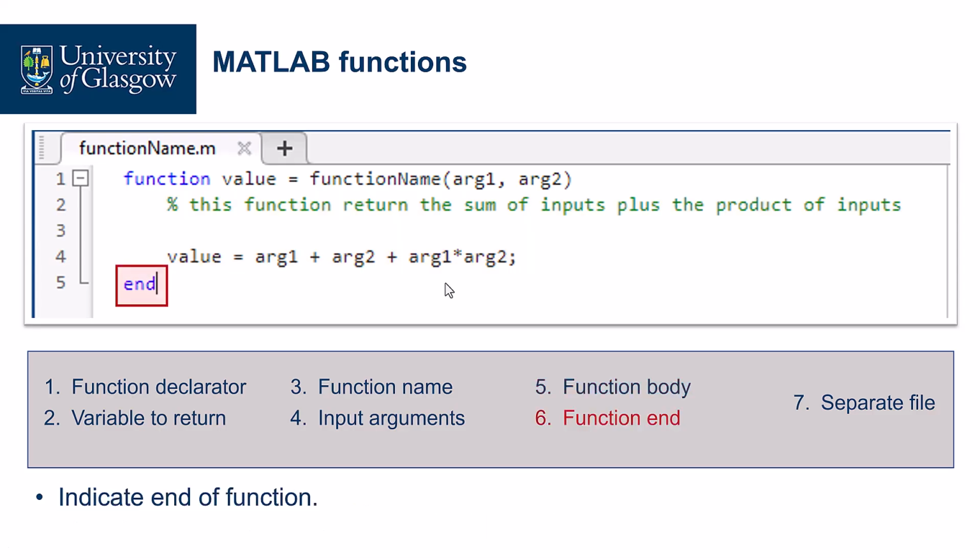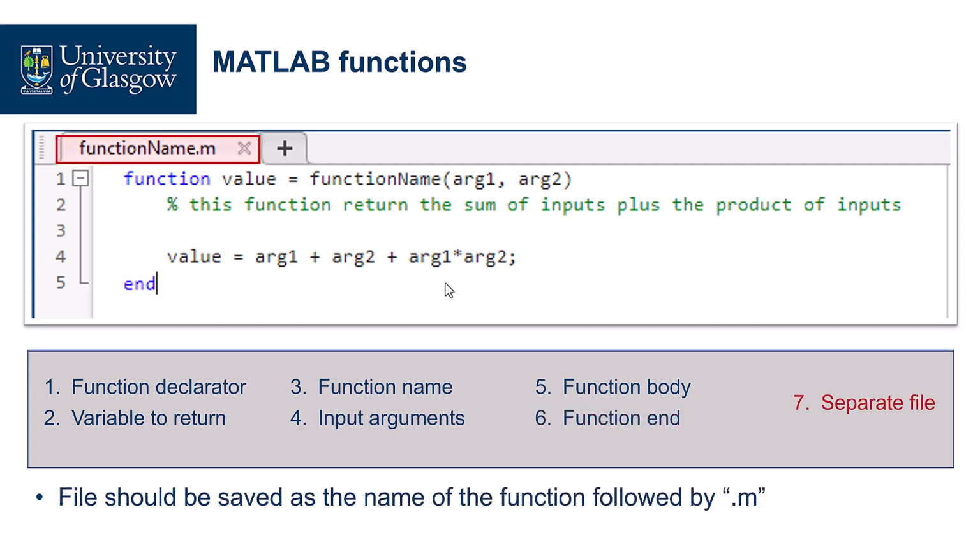Eventually, we can put an end here, which means the function is ended. When you save it, automatically the name of this file will be the function name you defined here. Keep using this to make sure the function is saved using the function name that you have defined. By default, the file is a .m file.